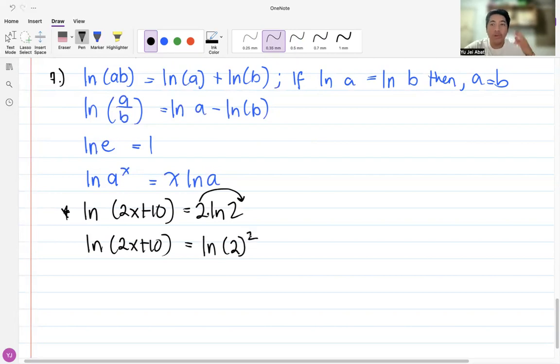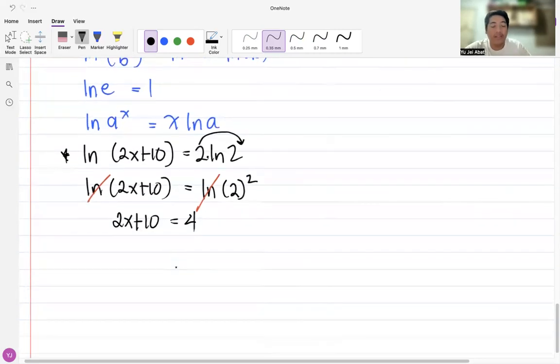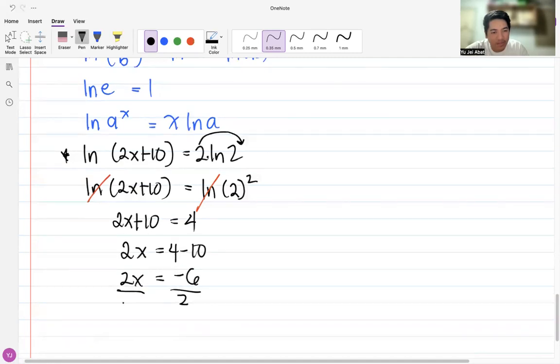In order for us to cancel the ln on the left side and the ln on the right side, you have 2x plus 10 equals 4, which is 2 raised to 2. So we're going to have 2x equals 4 minus 10, that is negative 6. Divided by 2, we have x equals negative 3.